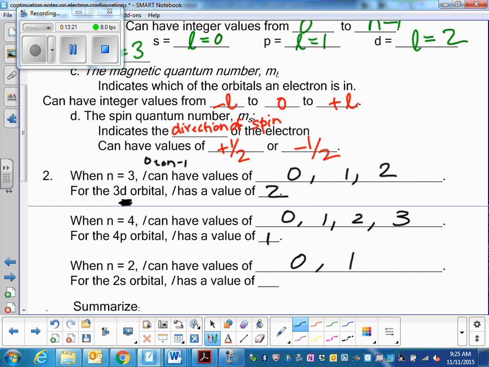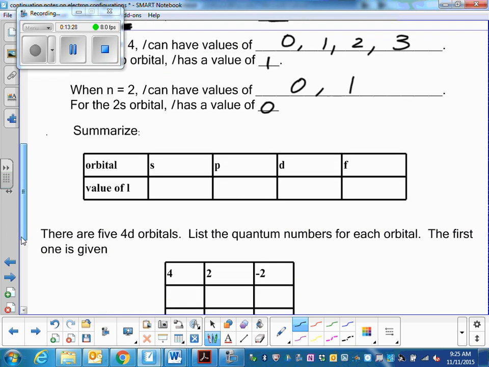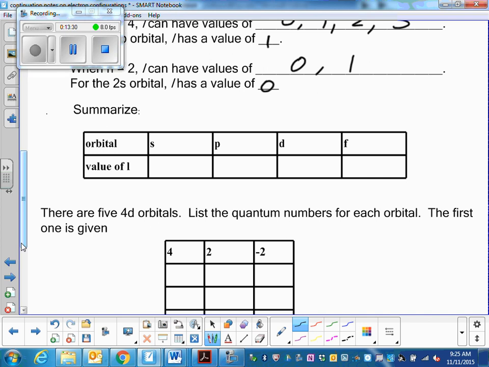If it is an s orbital, what is the value of L? 0. So, to summarize: when it's an s orbital, L is 0. If it's a p orbital, L is 1. If it is d, it is 2. If it is f, L is 3.